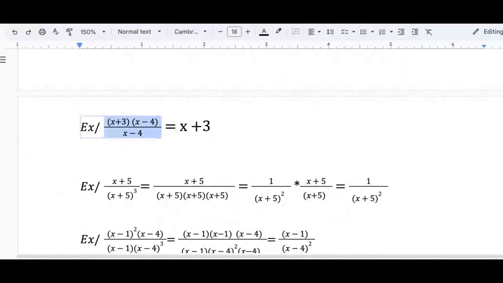Okay, sometimes we have a rational expression that we can simplify also. Let's see this rational expression. The numerator will have two factors, x plus 3 and x minus 4. The denominator will only have one factor, x minus 4. So this can be written as x plus 3 times, let me write one more time of this.